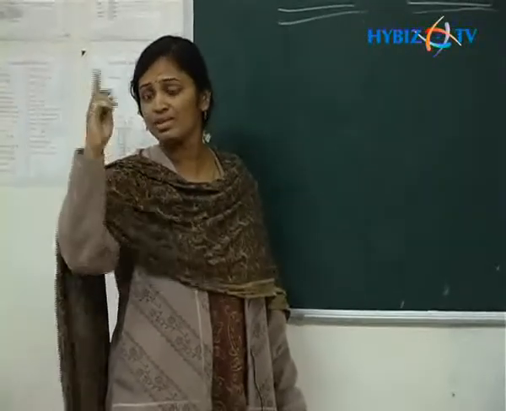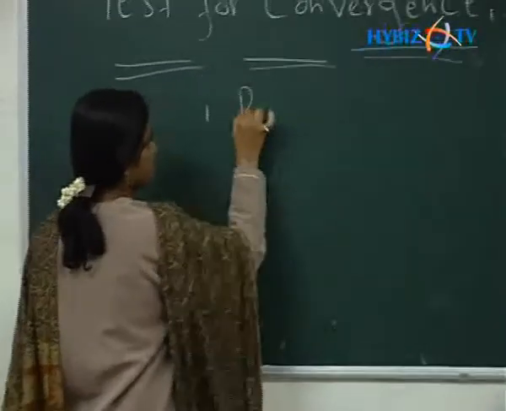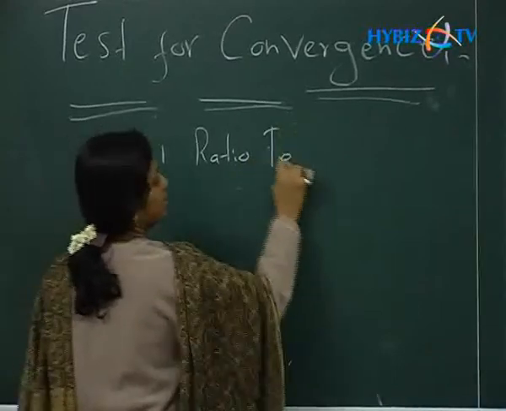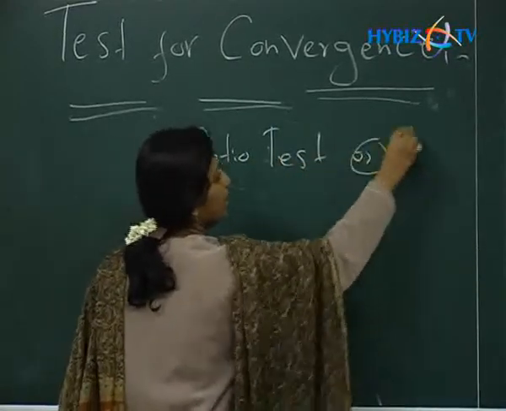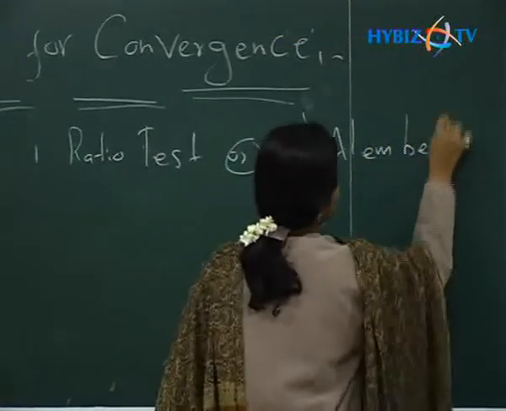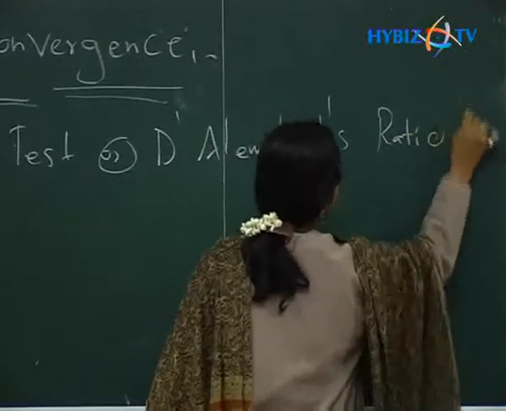Based on that, we have given 6 methods now. What's the first test? The first test is the ratio test, or you can call it D'Alembert's. Have you heard that? This is a mathematician's name, D'Alembert's ratio test.